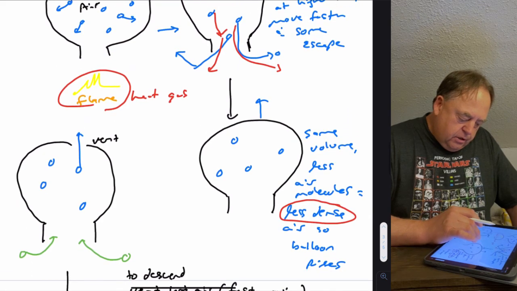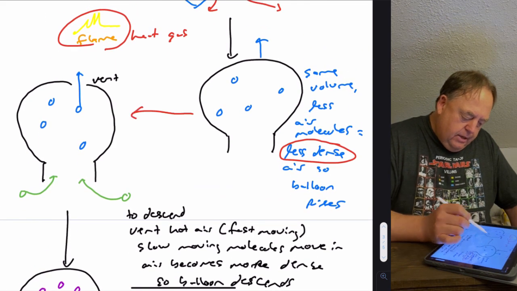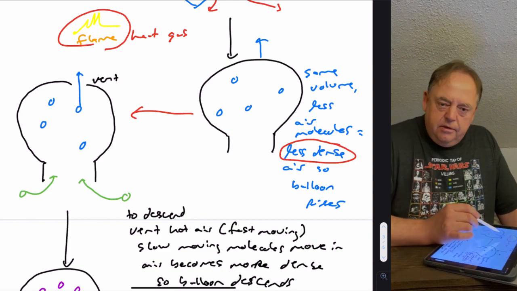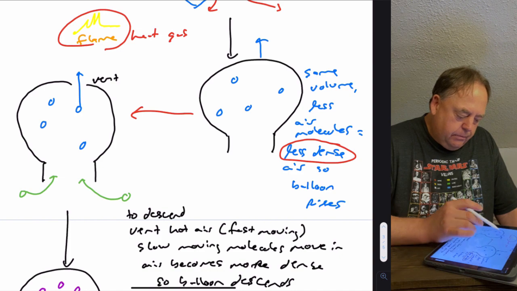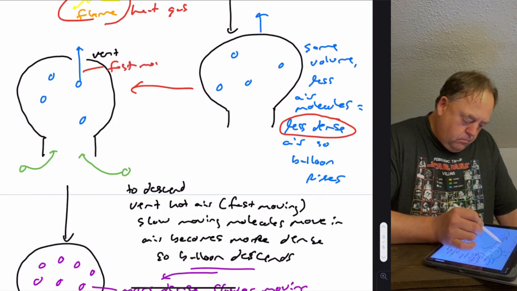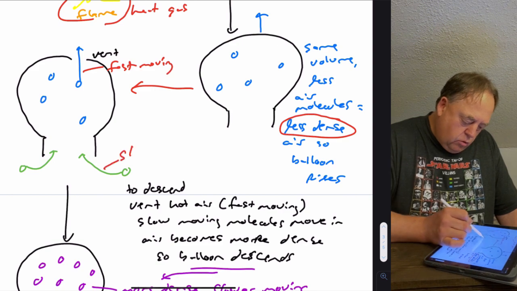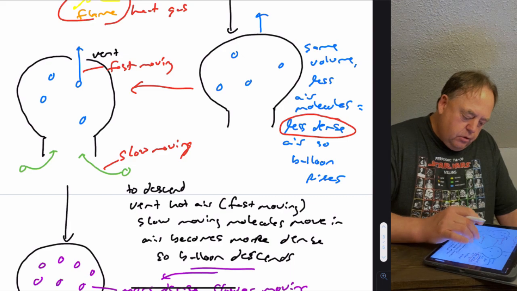And then if you want the balloon to come down, you open up a vent, and some of the fast moving air molecules escape the balloon, and some slow moving gas molecules come into the balloon.